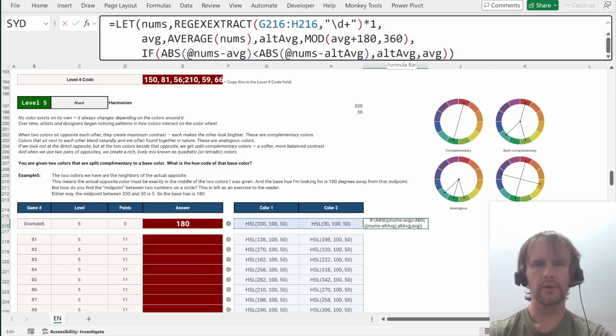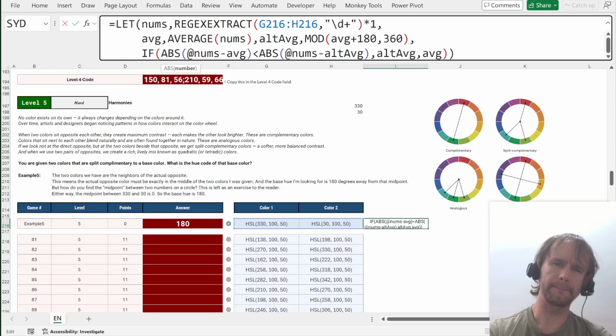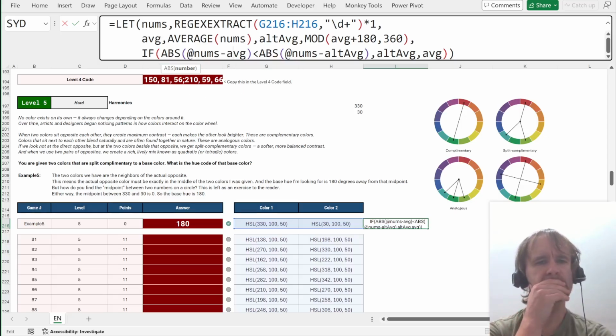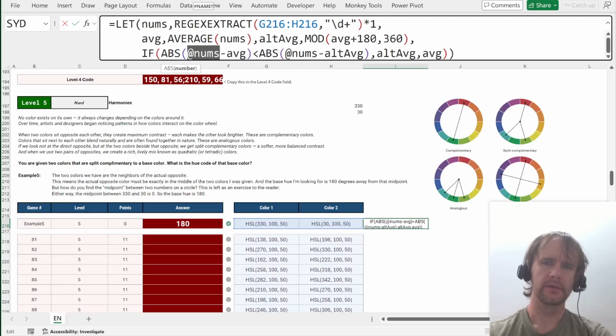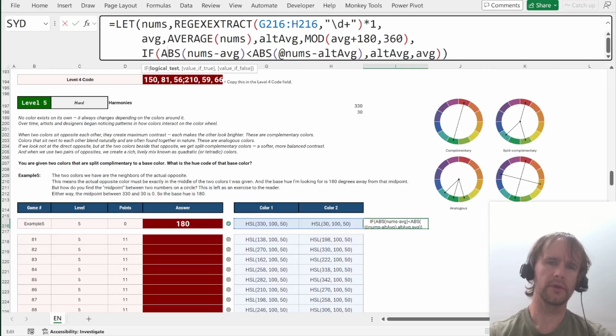Nums, that is not working because the 180 is 150 away from each of them. The 0 is 30, depends on the. So try this.